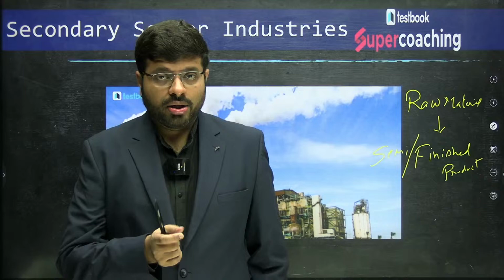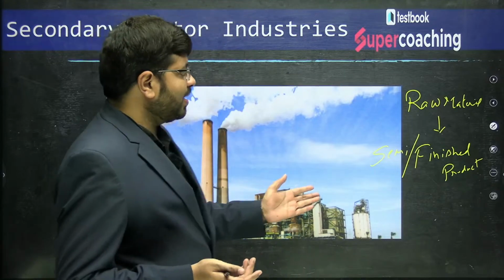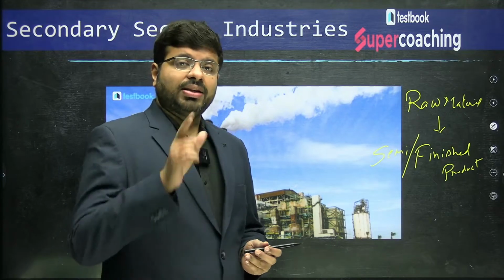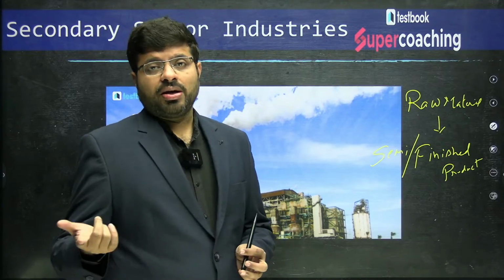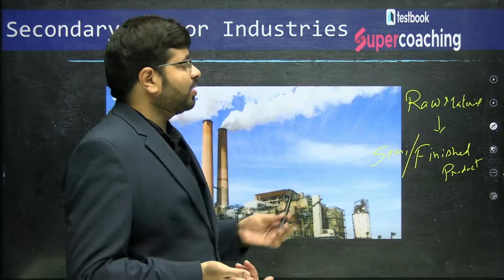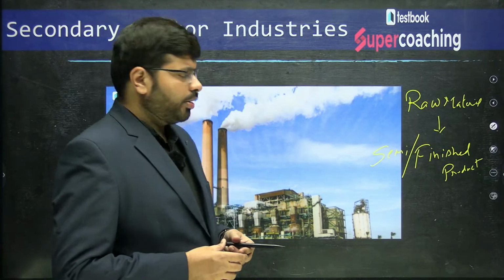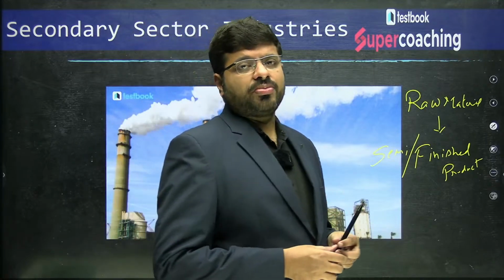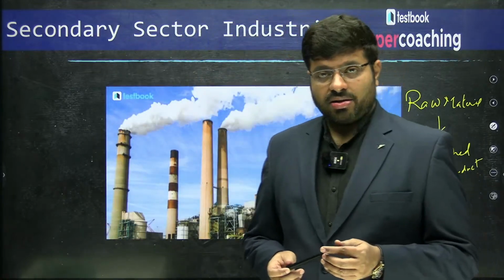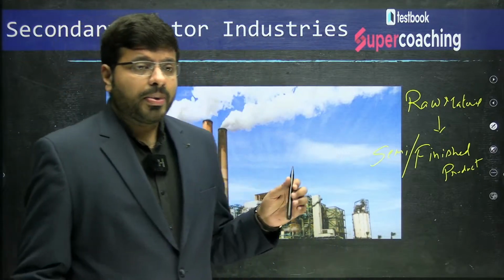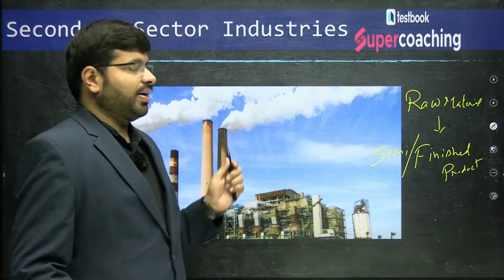Now this is nothing but raw material converted into finished product or semi-finished product, and this semi-finished product will be the base for manufacturing. I hope you are able to understand. You find so many varieties in terms of the assembled industries of the vehicles, right. So this is the major industry which you talk about, the secondary industry.